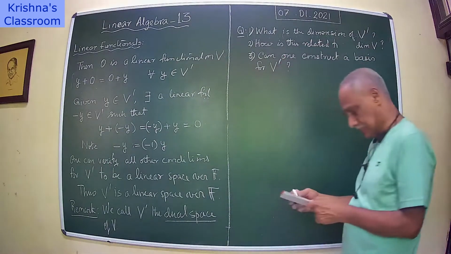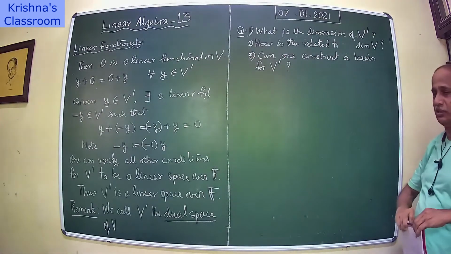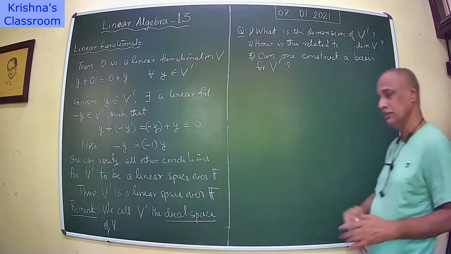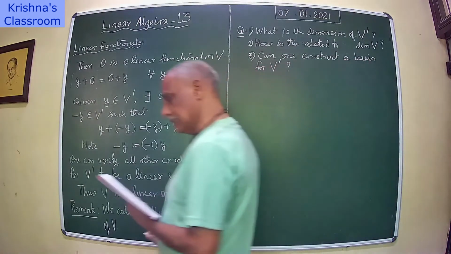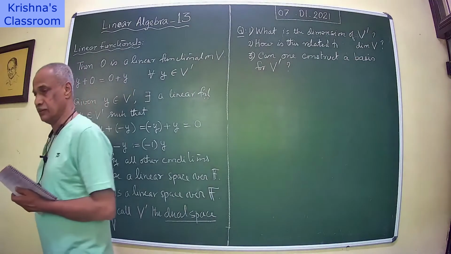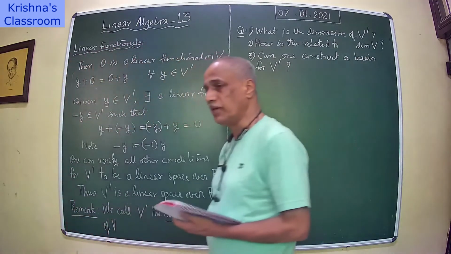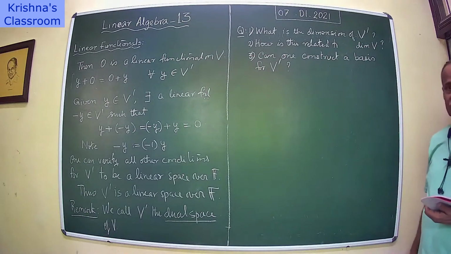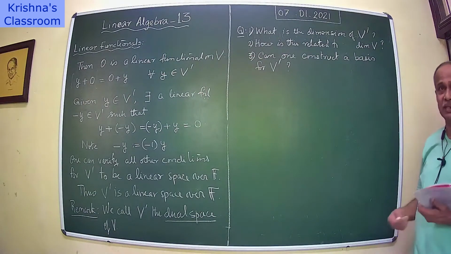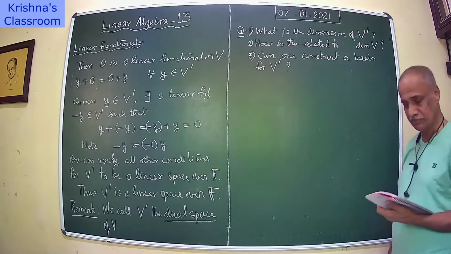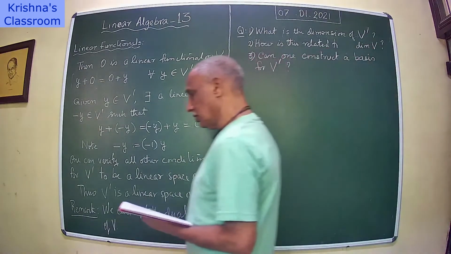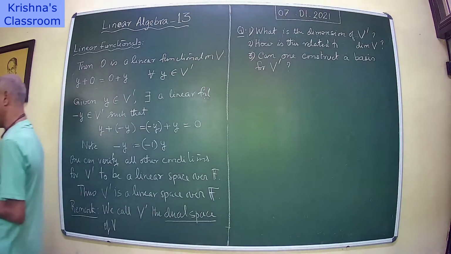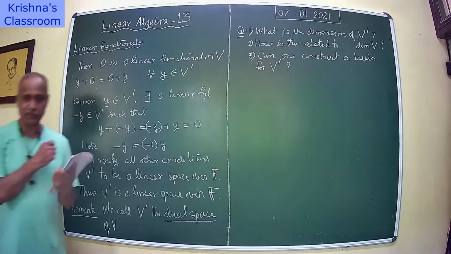So what is the information that you have? You know that the dimension of V is n. That is where we started. Therefore, there exists a basis for V. Now, we first make an observation.